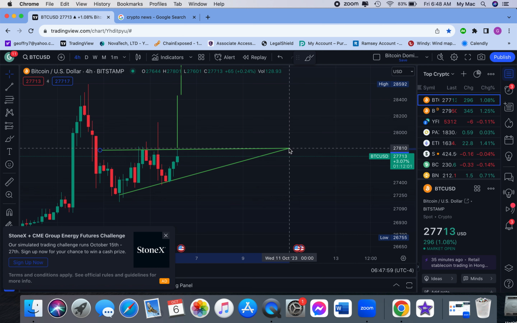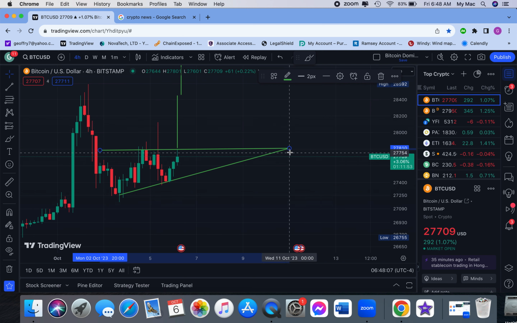And that breakout point usually happens in this area at about 70% of the pattern completion. So this point here, by October 11, it says we should be breaking out of this pattern.